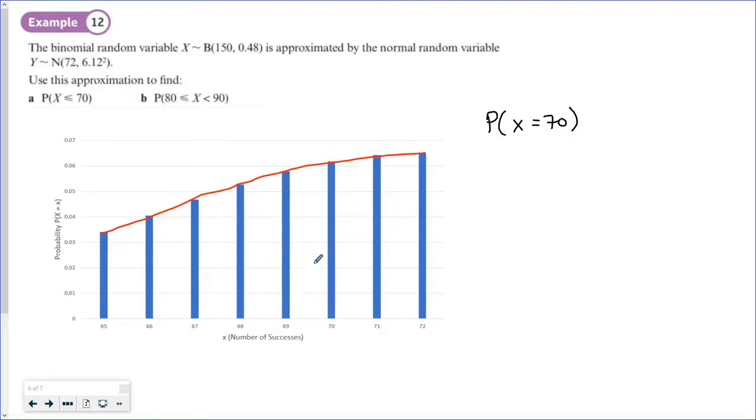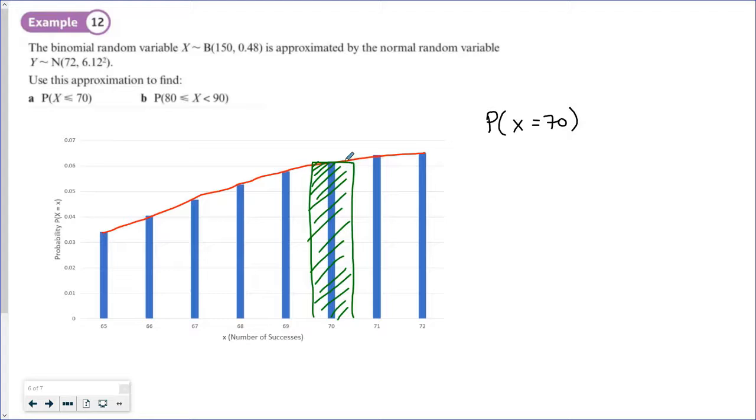The probability of x being 70 is the height of this bar, and that's equivalent to drawing a rectangle around 70, going above by 0.5 and below by 0.5. That ensures that the width of the 70 bar is 1, so that the area of this bar is 1 times the probability of x being 70.